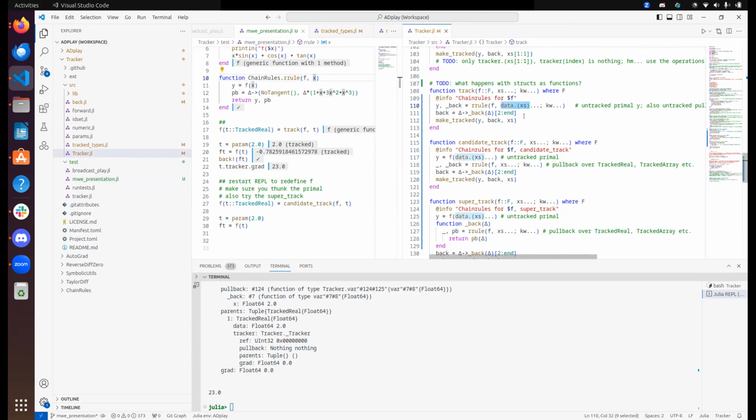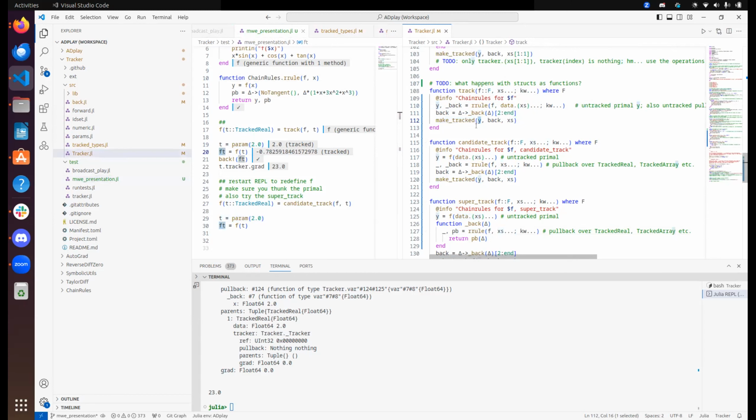So we apply it over the data, meaning we have an untracked primal and also an untracked pullback. So here we just discard all the tracking information. And then we make another track object, which would be ft here.